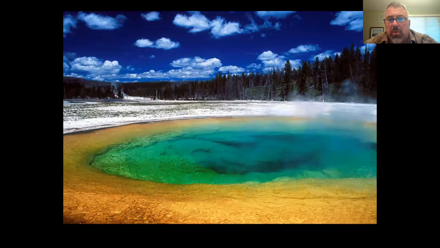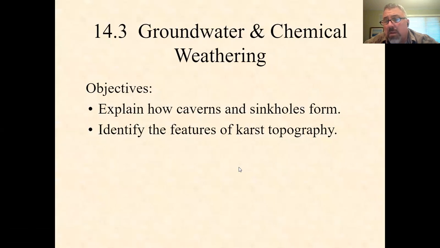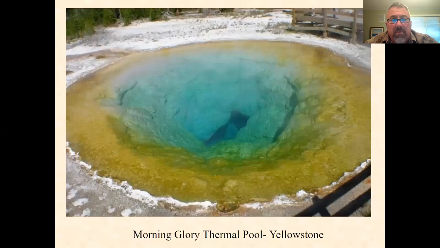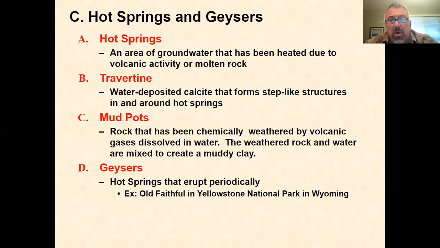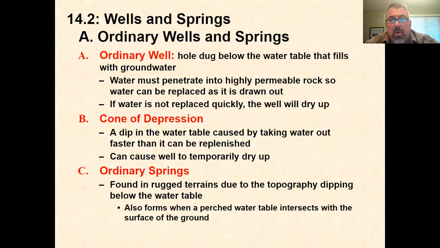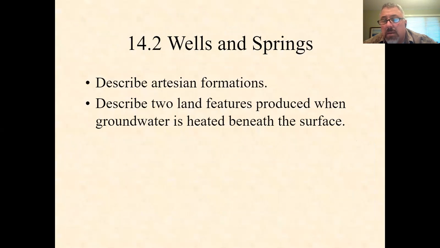Here's a better picture of Morning Glory. Again, you can see the different colorations of the different bacteria, and it gives it this really cool look. So that's all of 14.2, again, talking about wells and springs.